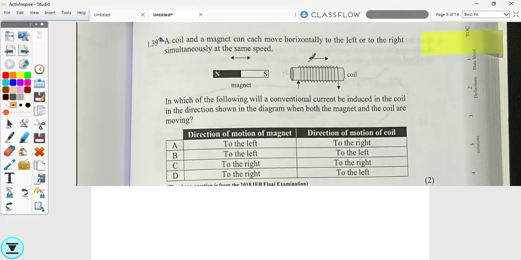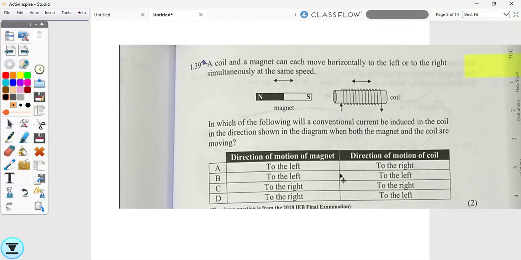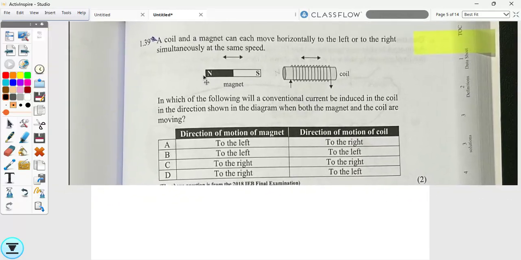you need it's similar to that one that she had in the recent paper, where these two can both be moved. So if they can both be moved, it means that you need to look when is there a change in flux? So if you're taking both of them and you're moving them like this together, you're moving this one and that one at the same time.